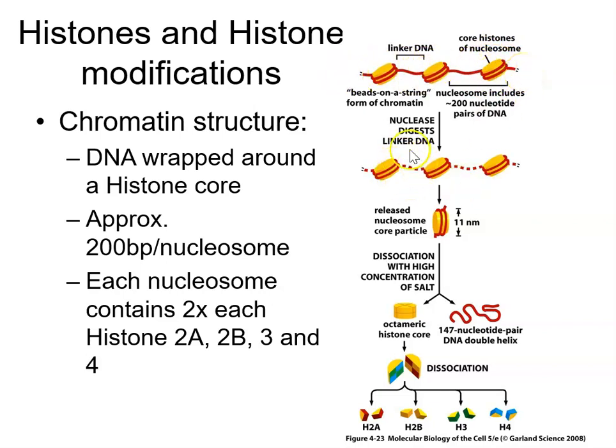If we were to digest this with a nuclease which degrades this linker DNA, you would end up with DNA wrapped around a histone core, and then if you disassembled all of this with a high salt concentration to break away the DNA from the protein, you would find there's 147 base pairs of DNA, and there's an octameric histone core, and if you were to further break that apart, you've got 2 histone 2As, 2 histone 2Bs, 2 histone 3s, and 2 histone 4s.